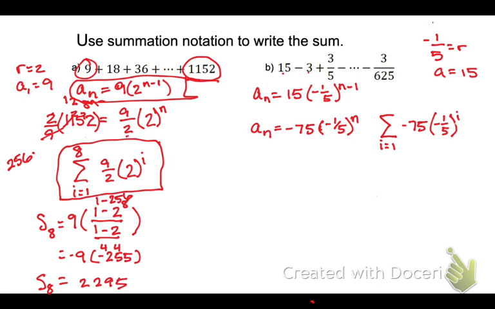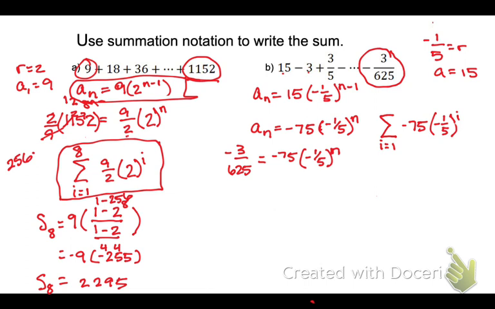Okay, and we need to figure out what this one is. So how are we going to do it? Plug it in. So we have negative 3 over 625 equals negative 75 times negative 1/5 to the n.